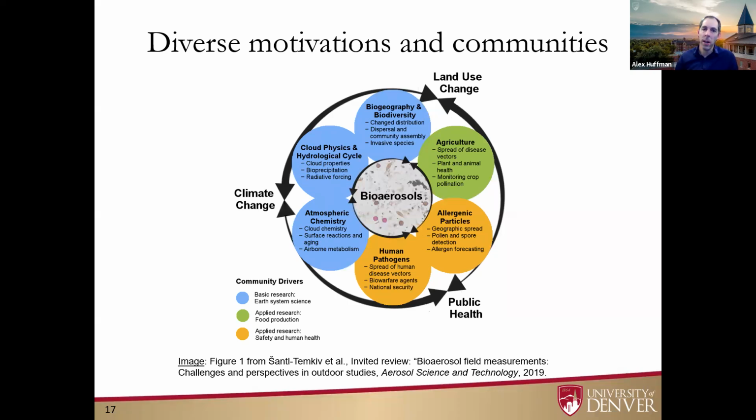So at the top, from the perspective of biodiversity and biogeography, going around clockwise, agriculture, the allergenicity of particles, human pathogens, both from an outdoor perspective, and especially an indoor perspective, to atmospheric chemistry, to cloud physics and hydrological cycles, and I won't read the sub-thoughts there.